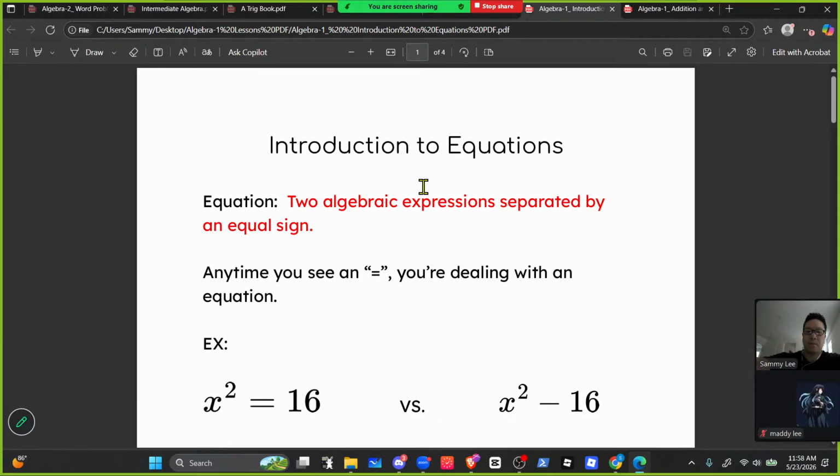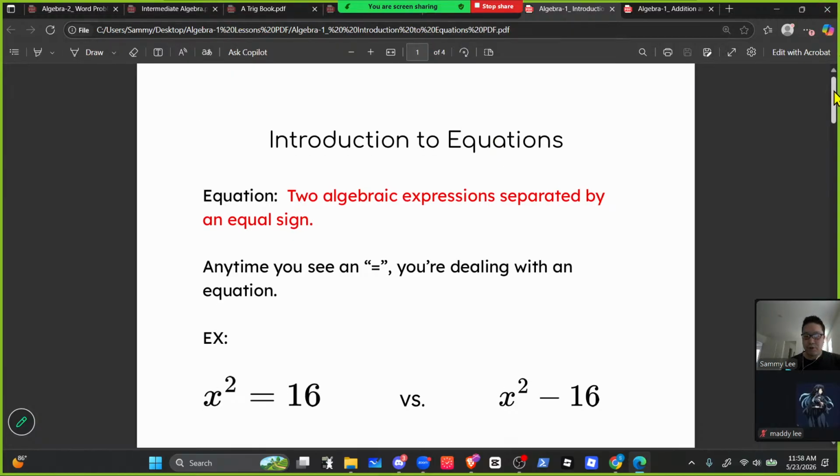Equations. Introduction to equations. Again, the first two lessons that we're going to do today, that we're almost done with, are variables and expressions and then introduction to equations. These are foundational to algebra.